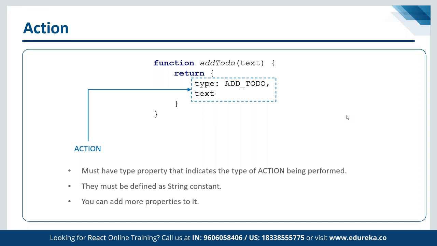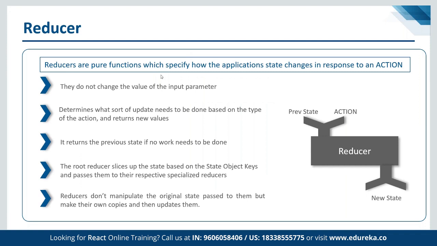So after action, we have something called a reducer. Actions describe the fact that something happened, but they don't specify how the application state changes in response. So this is the job of reducers. Reducers are pure functions which specify how the application state changes in response to an action.